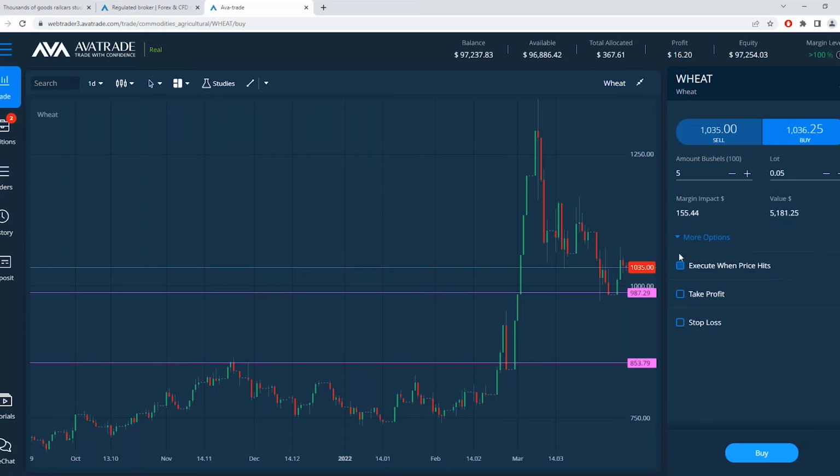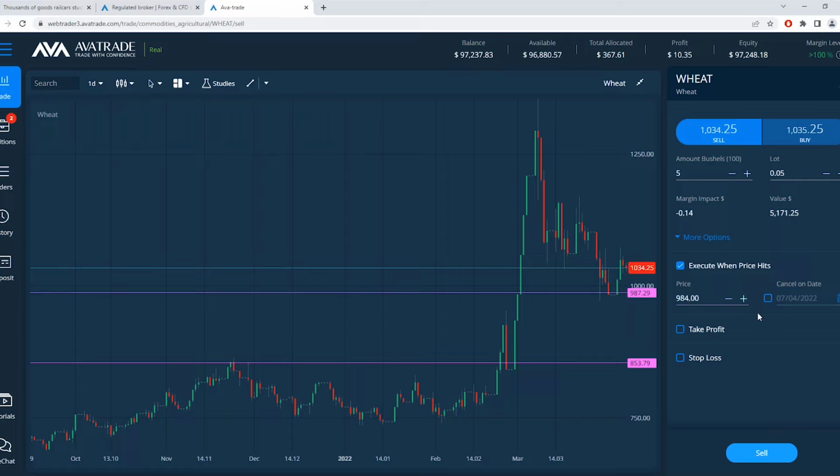So we could say execute a sell position if the price hits, execute when price hits, somewhere just below the support level, let's say 984, the same spot we had the stop loss on the buy position, 984.